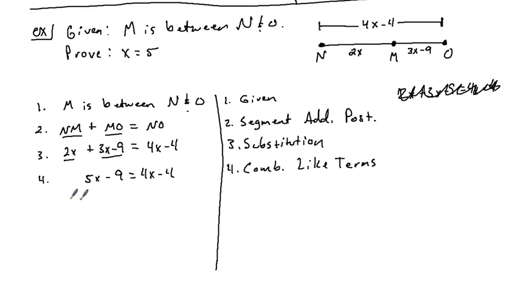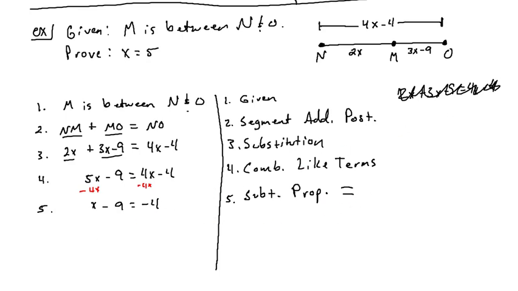Now, to solve this algebraic equation, the next thing we would do is subtract 4x, right? But that's not our next line. Our next line needs to be what happens after we subtract 4x. So now we have x minus 9 equals negative 4. And the reason we were able to subtract the same thing from both sides and still maintain an equal equation is that we use the subtraction property of equality.